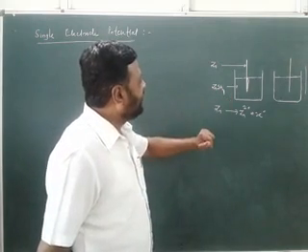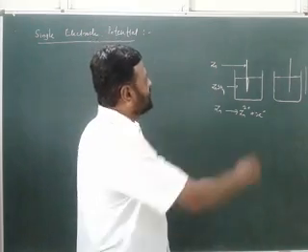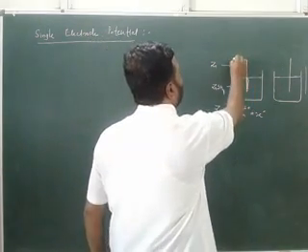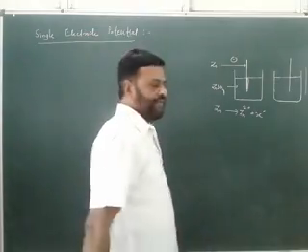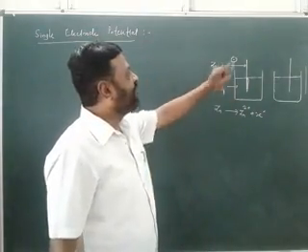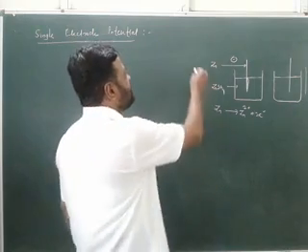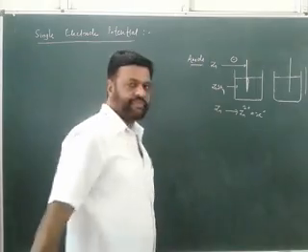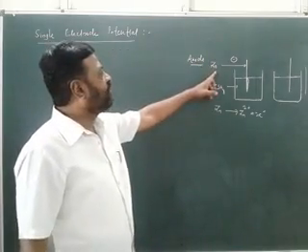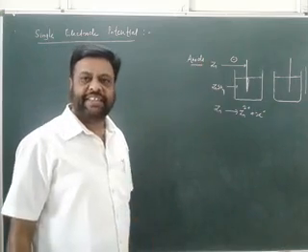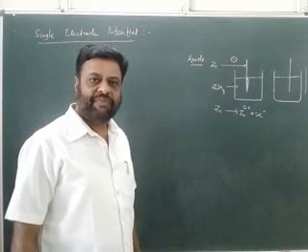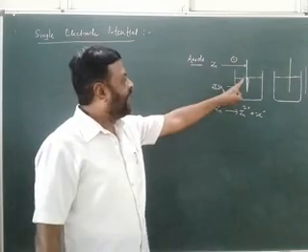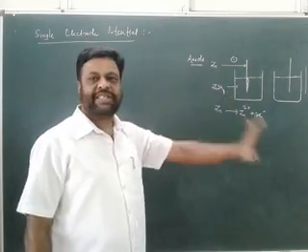And in the Daniell cell, this zinc electrode acquires the negative charge, and this is called the negative electrode, or the anode. So the negative electrode or anode is nothing but the electrode at which the negative potential is developed.